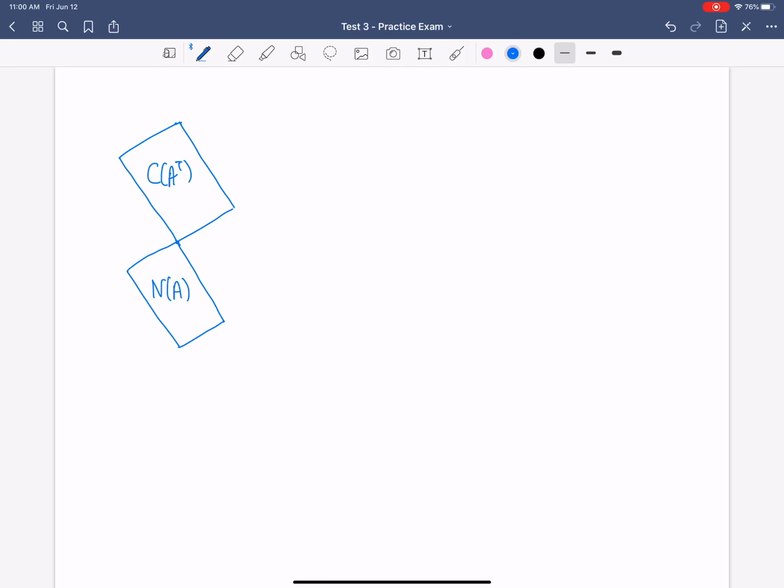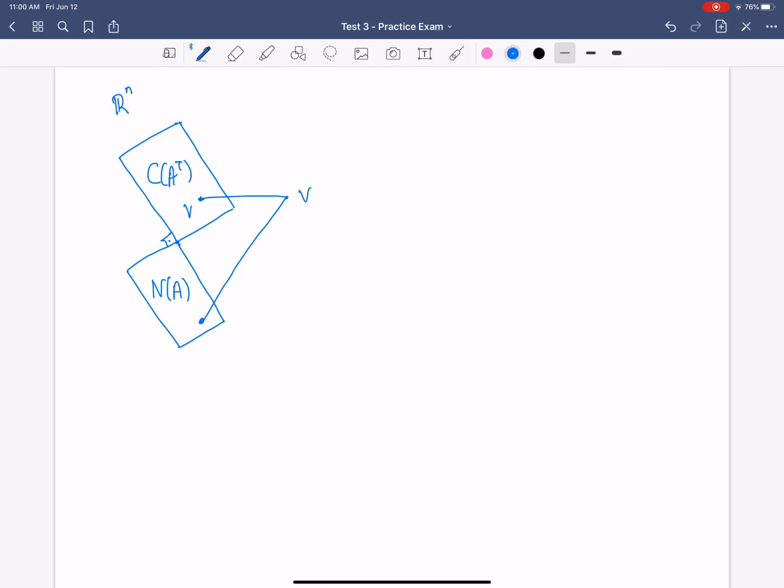We'll take a vector, which is in, so this would be our R^n, right? The rows of A have n columns. So this is in R^n. And we take some vector, let's say V. We know because these two spaces are orthogonal complements, we know that vector V splits into a part here and a part there.